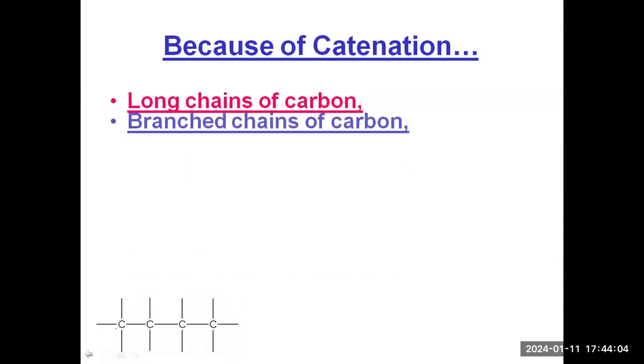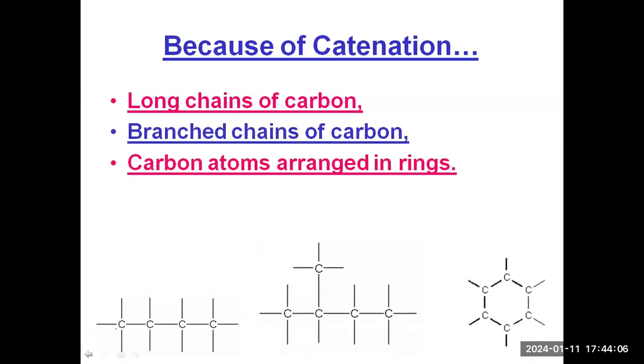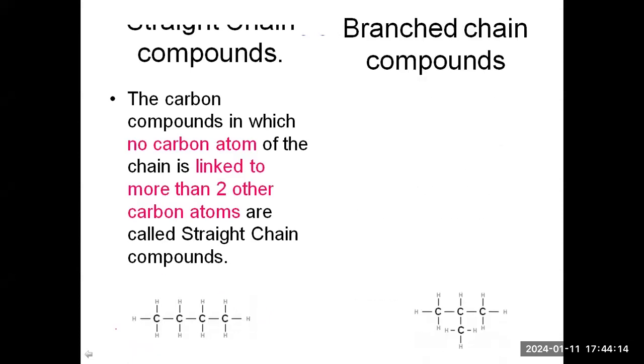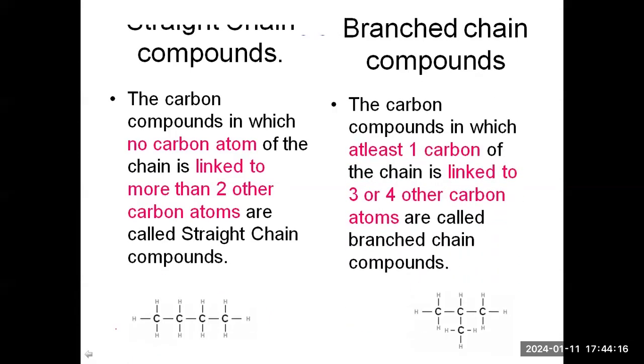Okay. So because of catenation, you can have long chain, branch chain, or a ring. This is possible because of that. Moreover, you can have saturated or unsaturated also. You can see here, this is the straight chain, and then we have a branch over here.